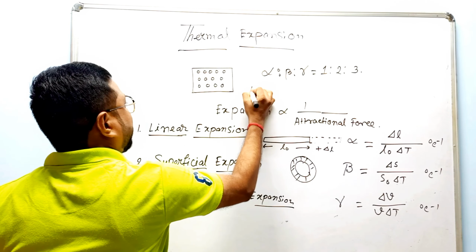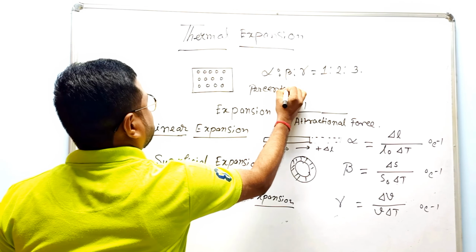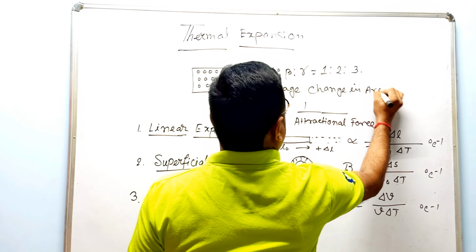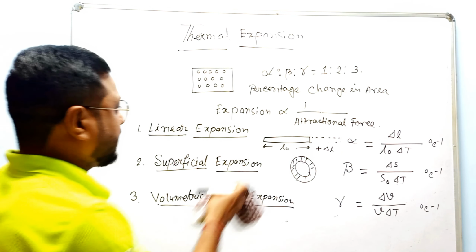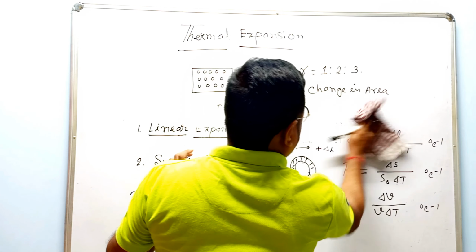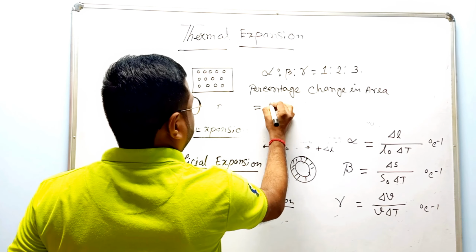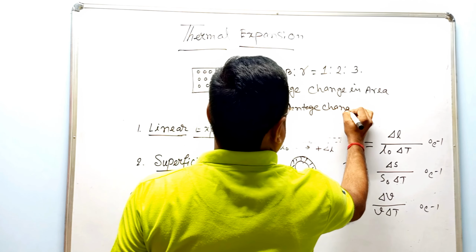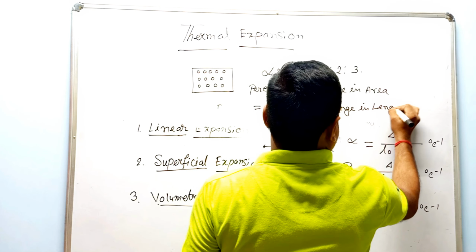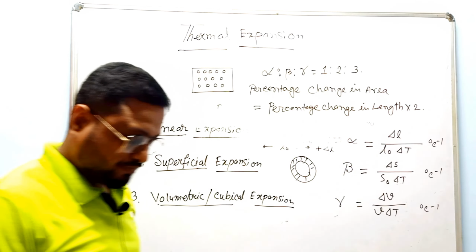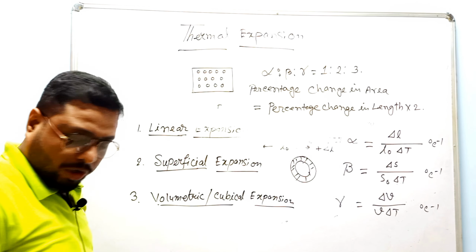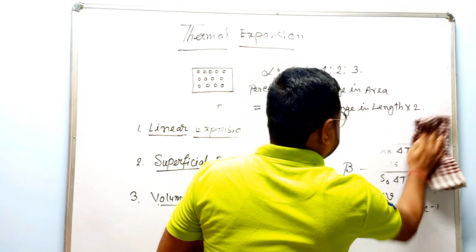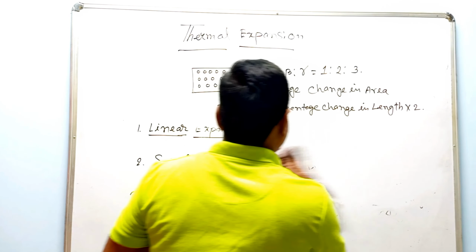That is, percentage change in area must be equal to percentage change in length multiplied by 2, or percentage change in volume equal to percentage change in length multiplied by 3.